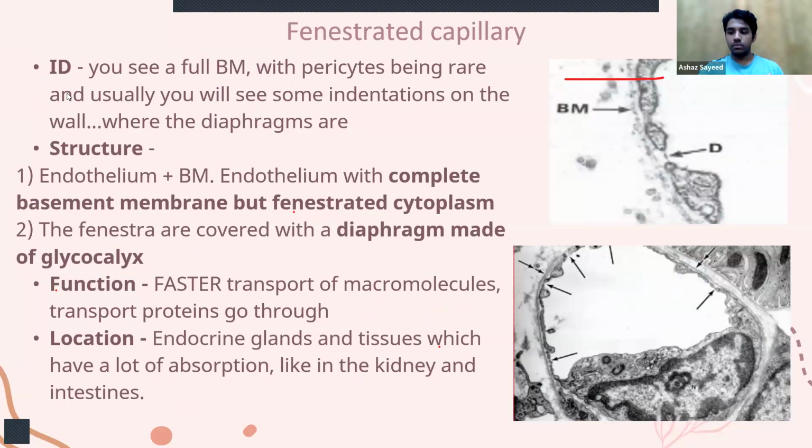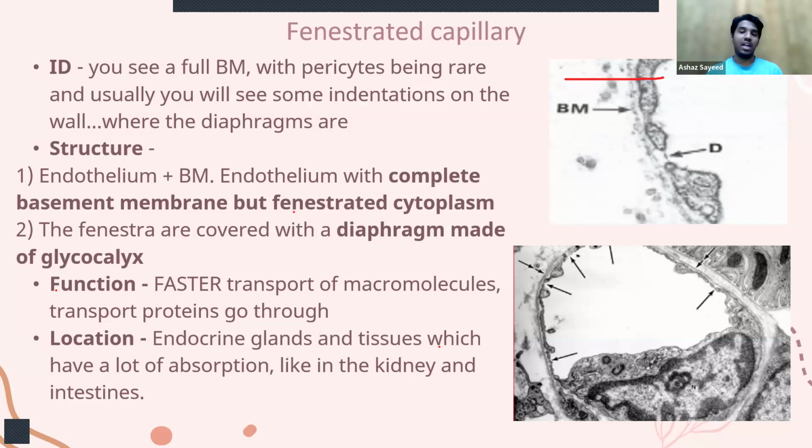Now in fenestrated capillaries, you're going to see a full basement membrane. Yes, the basement membrane is full, but the cytoplasm is not complete. The continuous one had a complete cytoplasm.